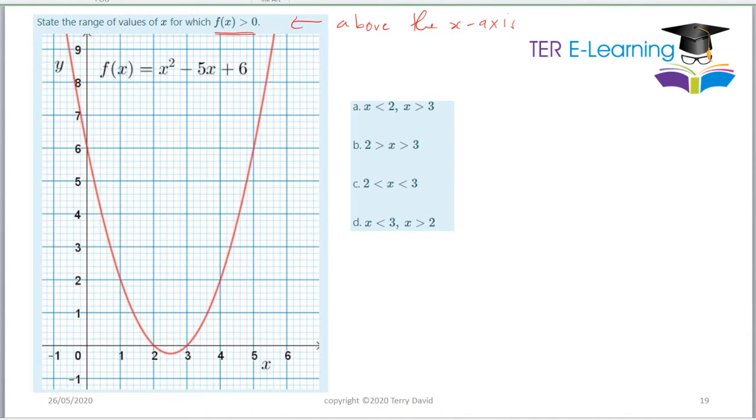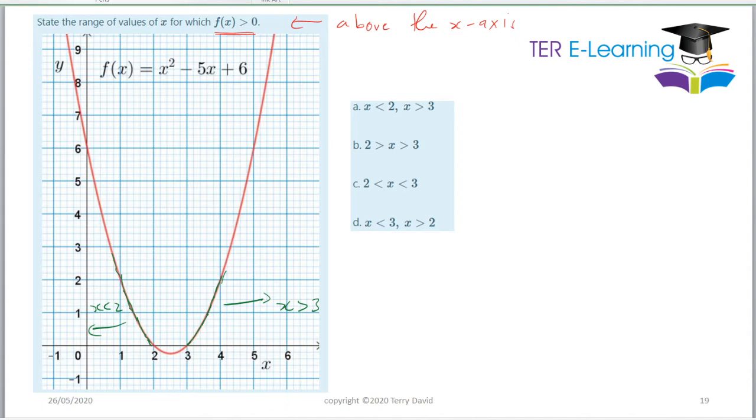Alright, so first thing we need to try to figure out: which part of the graph is above the x-axis? So look, this whole part in green. Anything going this way is above the x-axis, right? So that corresponds to x greater than 3. This part here is above the x-axis, and so this corresponds to x less than 2, right?